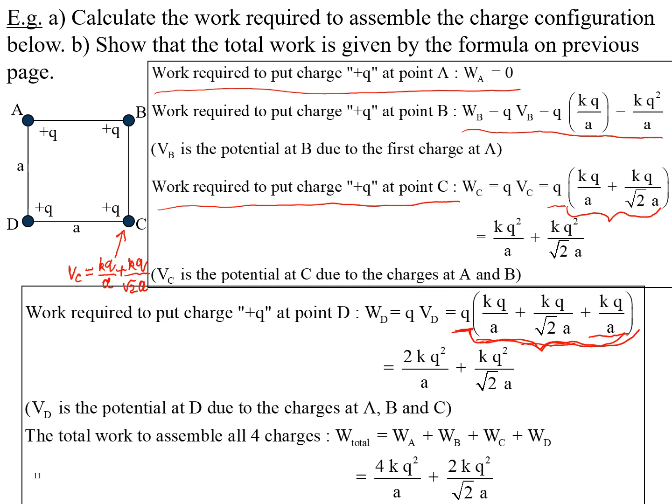And this gives us the additional work required to pull charge Q from infinity to a point D. And then we can go ahead and add in WA, WB, WC, and WD. And that's exactly what is done out here. And we find the total work required to assemble the four charges, which is basically the potential energy associated with this configuration of four charges.